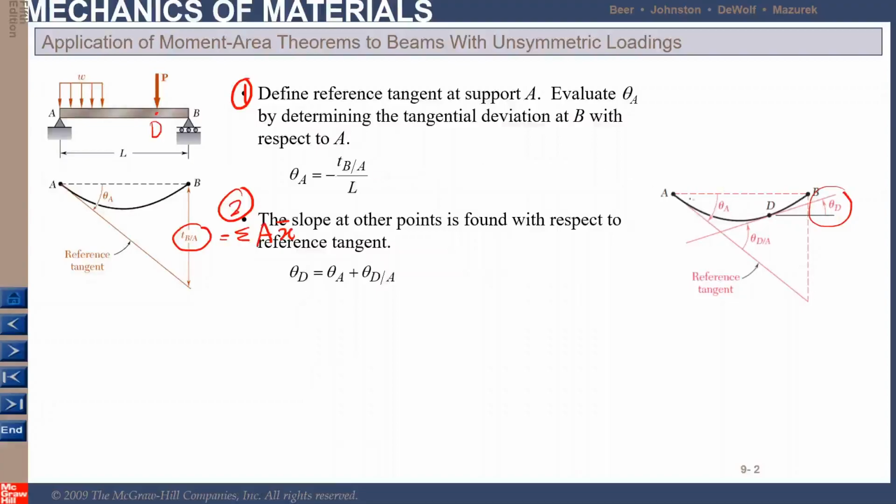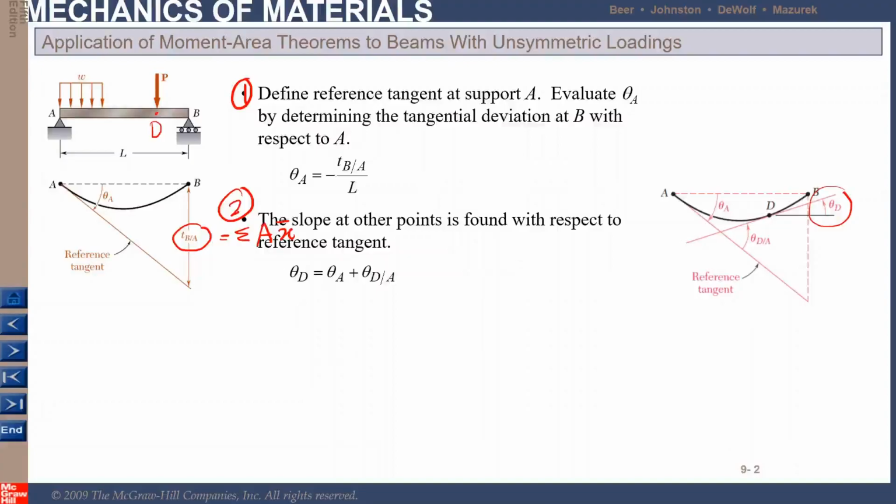Then we need to find theta D over A, and this value we can find from the moment over EI curve. So we get theta D as theta A plus theta D over A, because this is just a mathematical expression of the angle calculation.